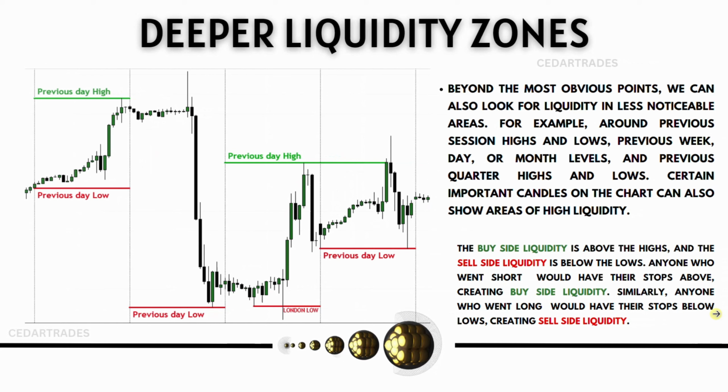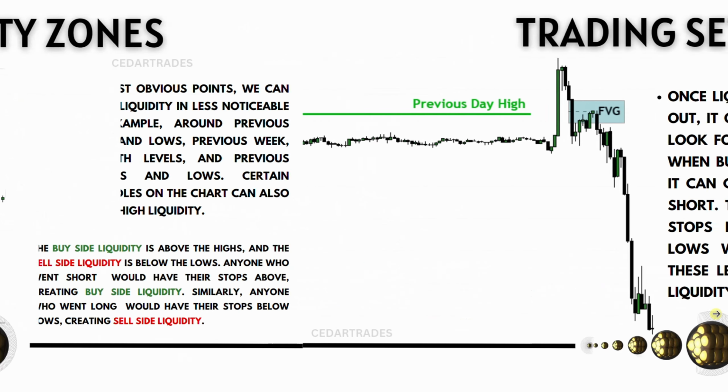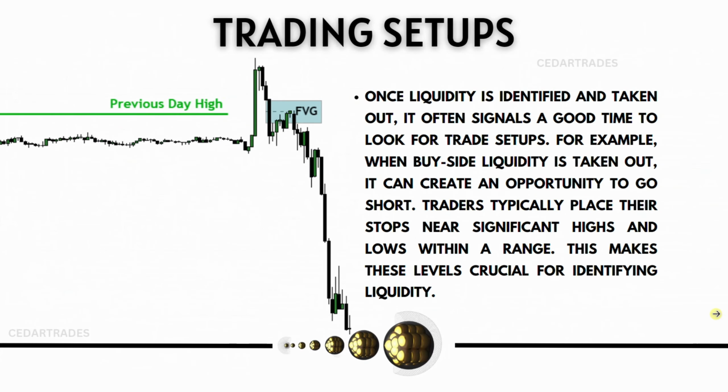When price goes below a certain low, it proves that price is getting cheaper and cheaper. When price goes above a previous high, that tells you that price is getting expensive, right? And I hope you understand everything that we are talking about here, right? Because it's very crucial when you are trying to find your trading setups.